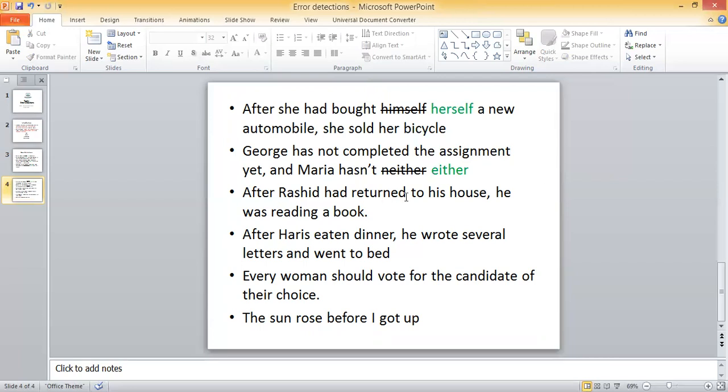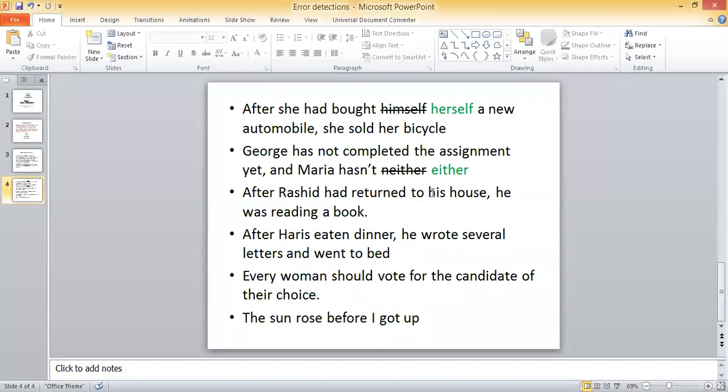After Rashid had returned to his house, he was reading a book. After Rashid had returned to his house, right? Right.